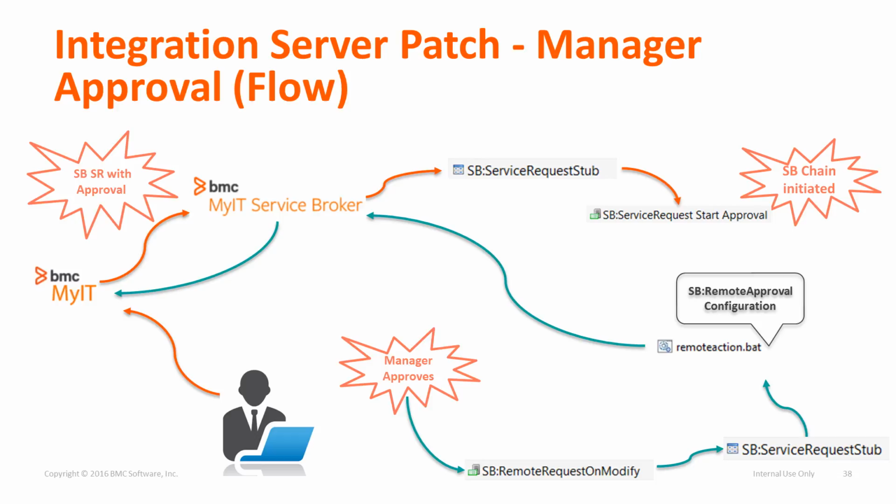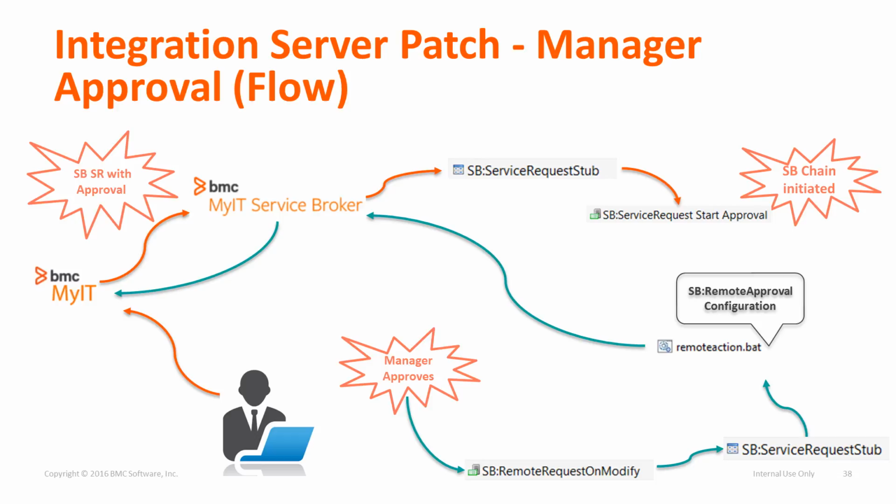Now this chain is laid down when you install the integration server patch. You can also set up your own custom approval process. As I said earlier, Tony has documented that online.